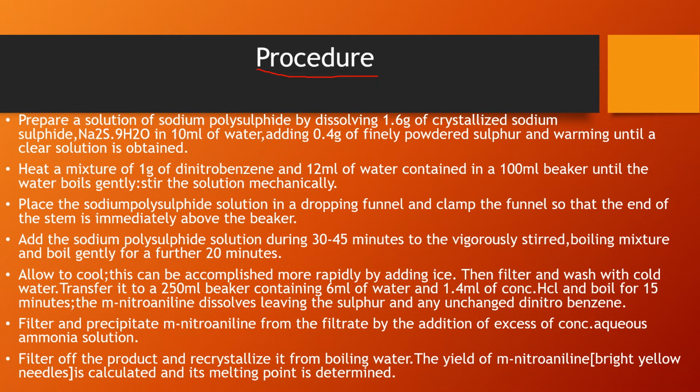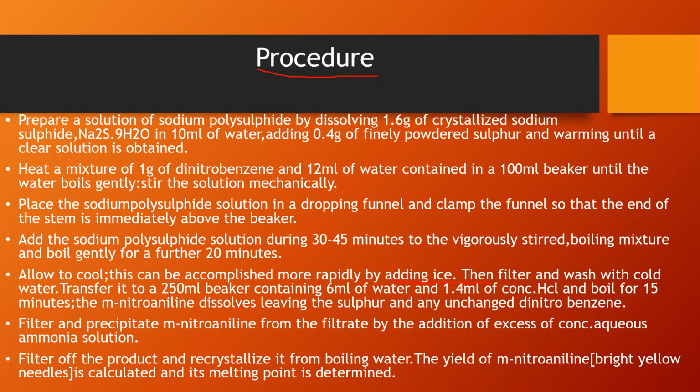Add the sodium polysulfide solution during 30 to 45 minutes to the vigorously stirred boiling mixture and boil gently for a further 20 minutes. Allow to cool. This can be accomplished more rapidly by adding ice. Then filter and wash with cold water. Transfer it to a 250 ml beaker containing 6 ml of water and 1.4 ml of concentrated HCl and boil for 15 minutes.